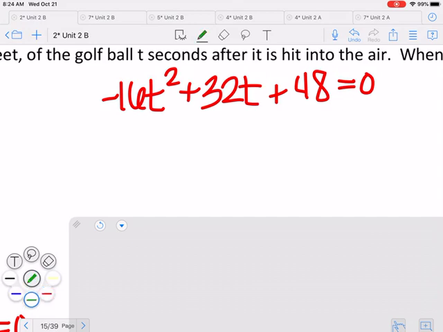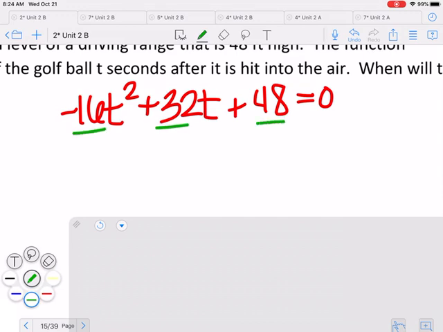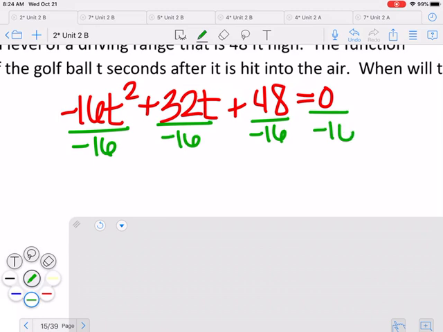One thing we can do, instead of trying to factor this as it is, notice how all the numbers are divisible by 16, and also my front one is negative. So what if we divided both sides of the equation by -16? On the left-hand side, there are 3 terms, so we'd have to distribute that through, divide all terms by -16.